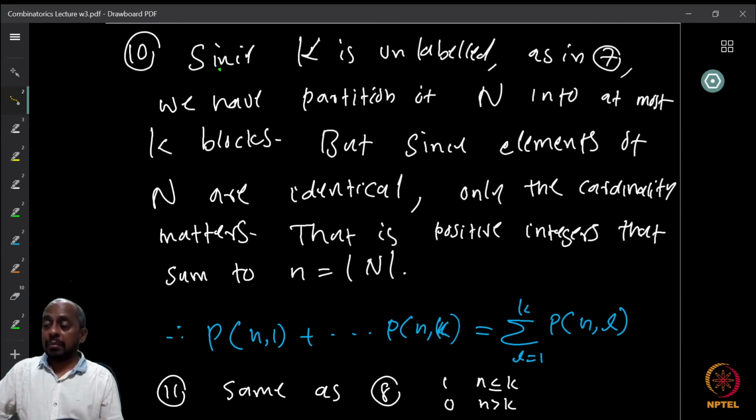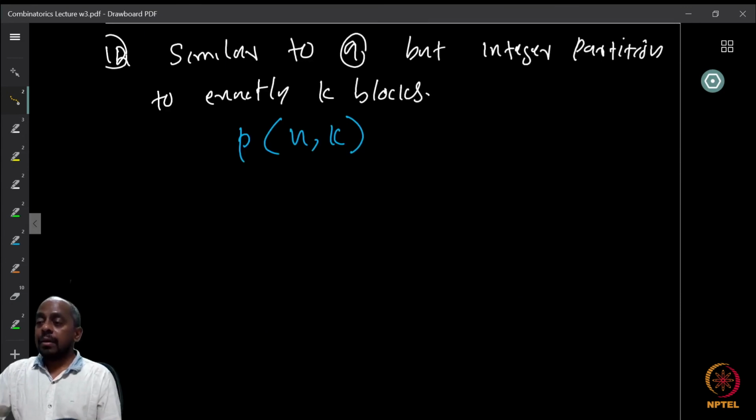Even if they are unlabeled, there is precisely one way to do it if n is less than or equal to k, and otherwise no way to find an injection. And the final question, question number 12, is again similar to 9, but now integer partitioning into exactly k blocks because the function is a surjection. So we have p(n, k).